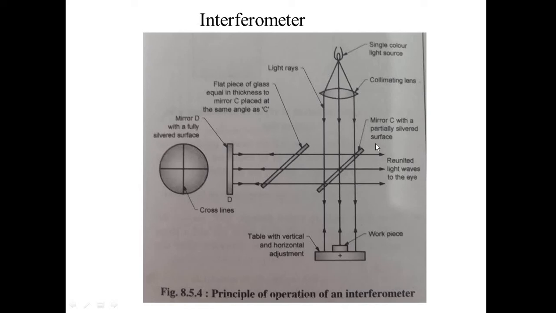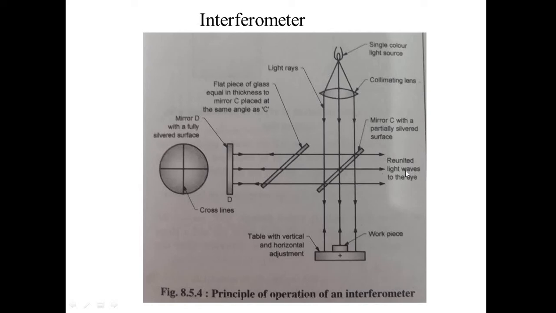If the paths taken by these two parts of light are equal, then the workpiece and table surface appear bright to the eye.